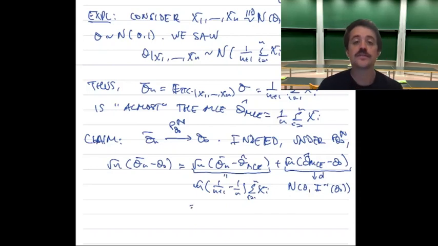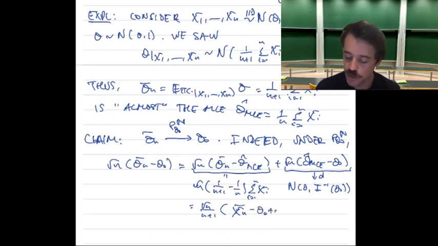Okay, and this, of course, is going to be no more than square root of n plus 1, and we get the sample mean, which is a quantity we understand well.